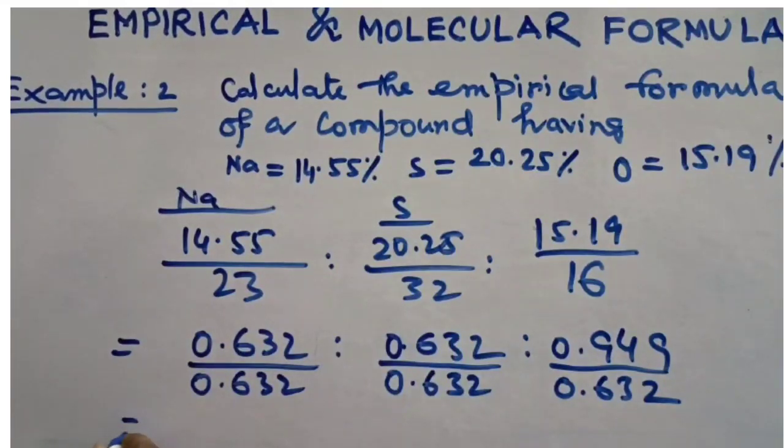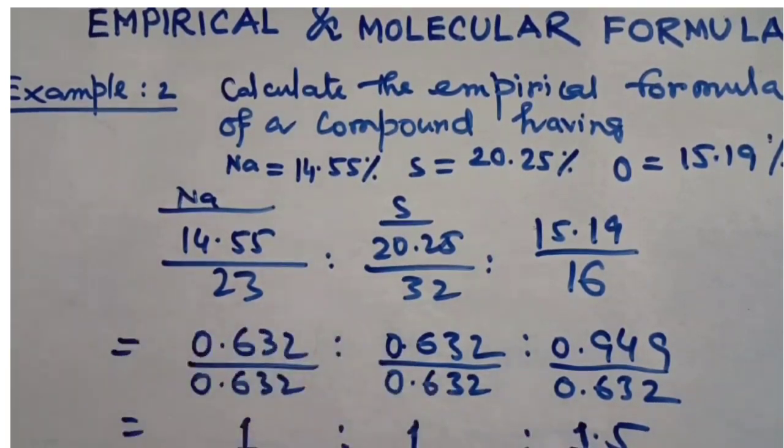By dividing we get now 1, 1 and 1.5. In that case one is a whole number, but 1.5 is a fraction.